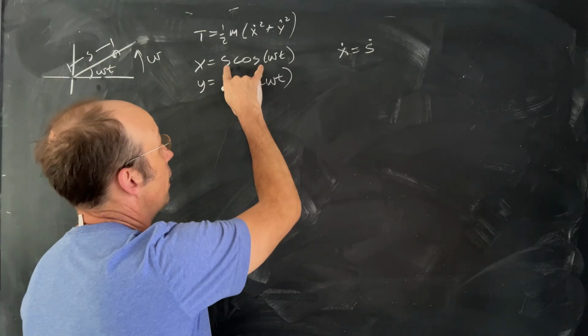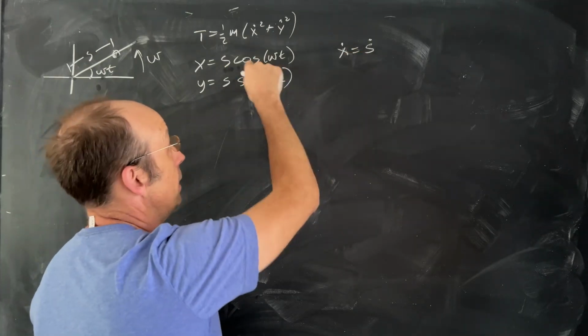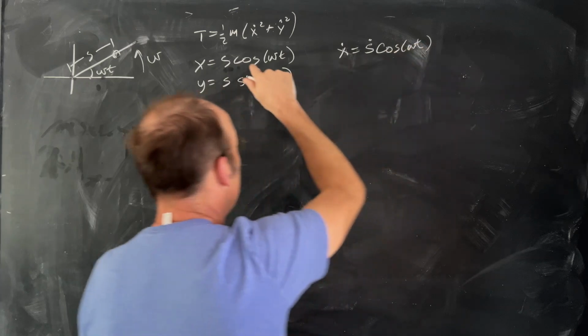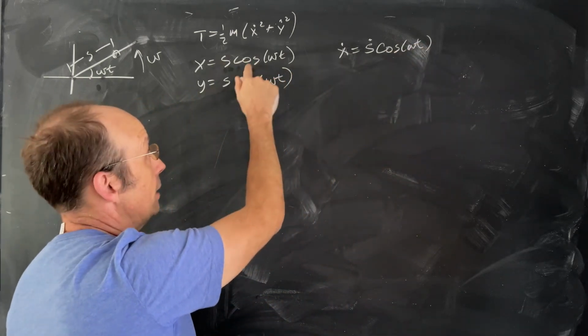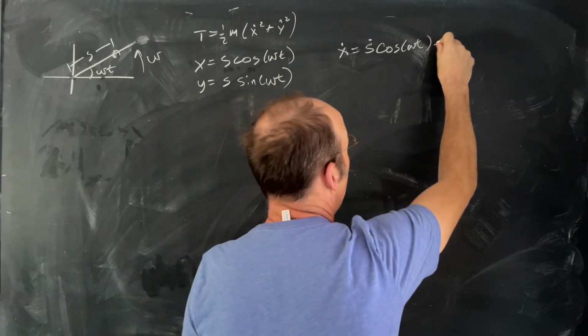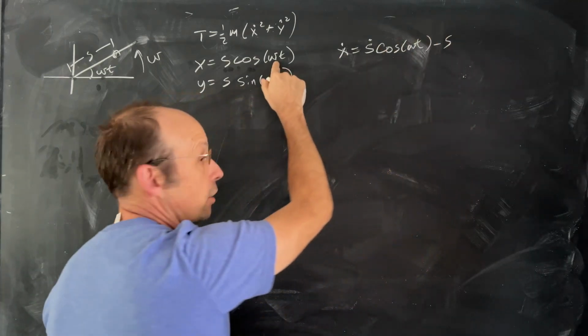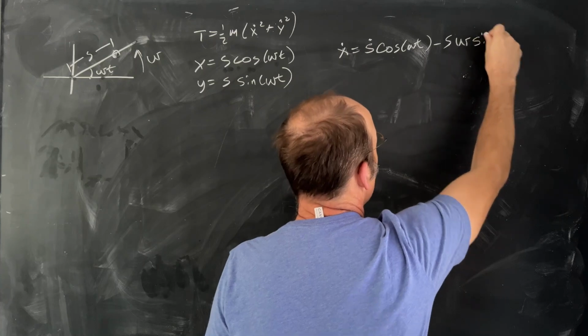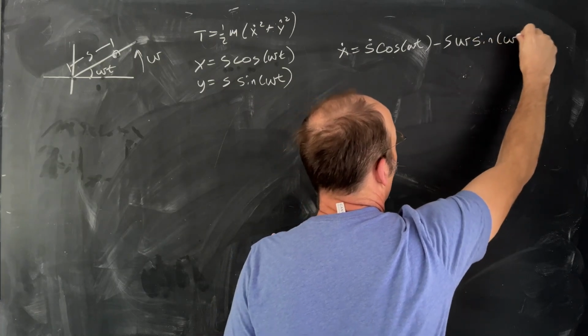So I have a product here, so I'm going to take the derivative of s times cosine omega t. Now I've taken the derivative of this times that. So the derivative of cosine is negative sine. So I get negative s, and I'm going to have to take the derivative of the inside, so I put omega right here, sine omega t.